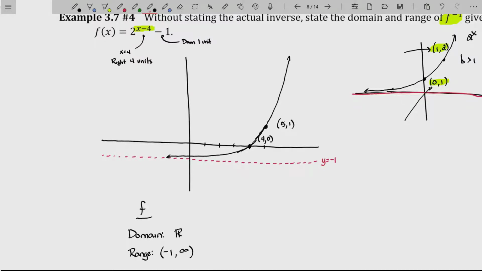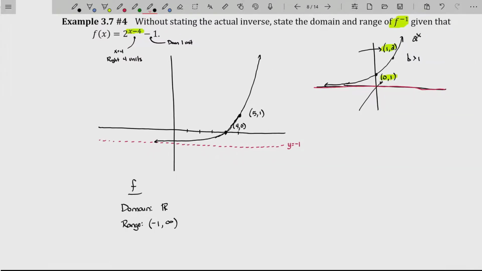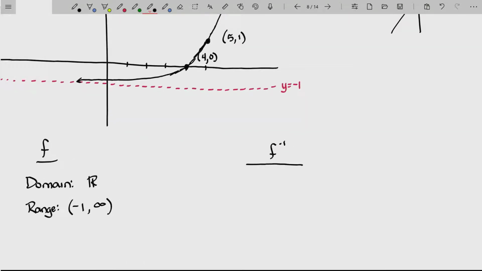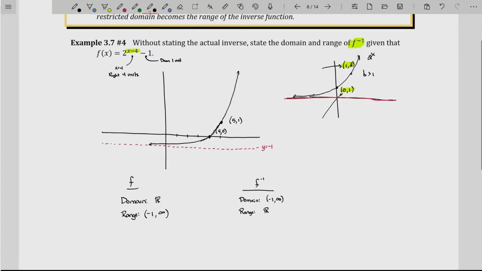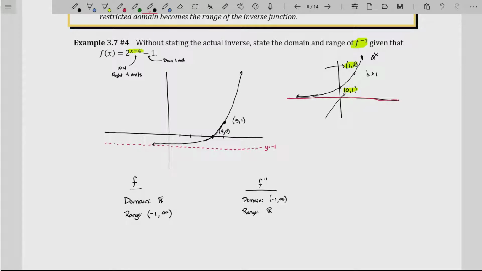So that's our range. Just from that, I could tell you f inverse has a domain, which is the range of f. So the domain is negative 1 to infinity, and the range of f inverse is the domain of f. It's all real numbers. So you swap them. That's it. It's very nice, but not too terrible.